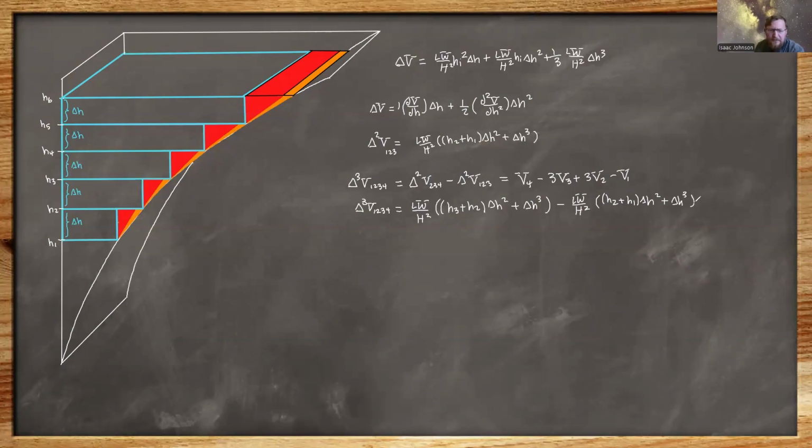Anything cancel? Delta H cubed is gone. Yeah, those higher order terms don't depend on initial heights of their intervals, so those are going to go away. We get another reduction of order.